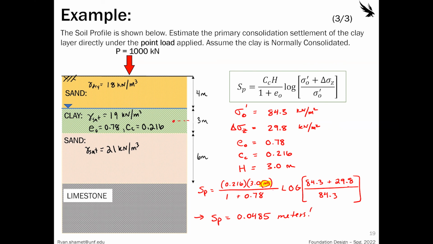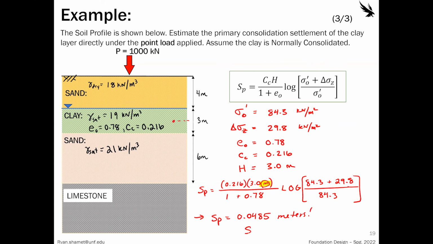So always double check this. A lot of times this H value is going to be given to you in feet or in meters because that's what these levels of soil are that we're detecting. But oftentimes you're going to need to report your settlement in millimeters or inches or something like that. So always make sure to note that conversion.